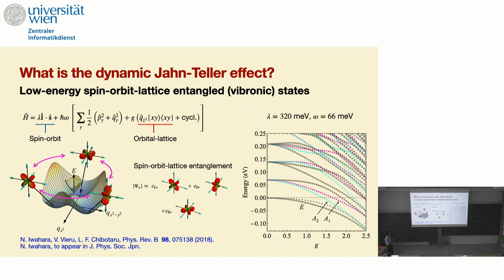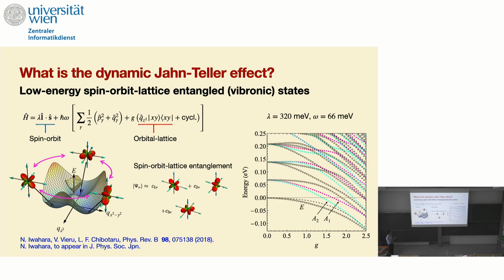Under this electron-phonon coupling with spin-orbit coupling, we obtain the potential surface right here, and there are three equivalent minima with equivalent tetragonal compression. And now, what does the quantum effect mean? The quantum effect of kinetic energy allows the system to come here, come here, come here.